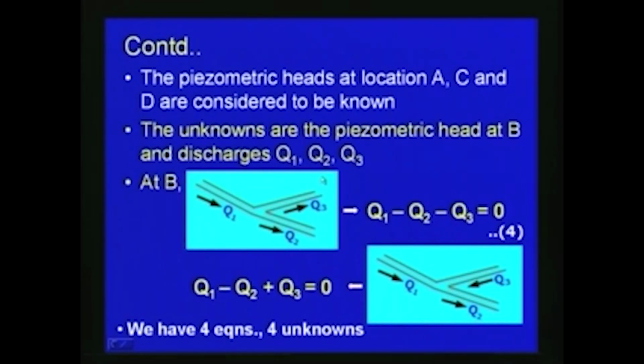The unknowns are Q1, Q2, Q3 and the head at junction B. The equations are the continuity equation at junction B, and 3 energy equations between A and B, B and C and B and D. So, these 4 equations we can solve to find the 4 unknowns.